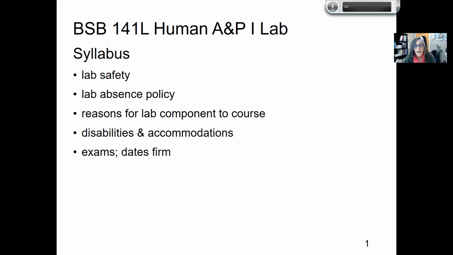Okay. Now the exam dates are firm. The exams, one midterm and one final. Now these dates I will not change no matter what. They will require that you use Lockdown Browser and Respondus Monitor.